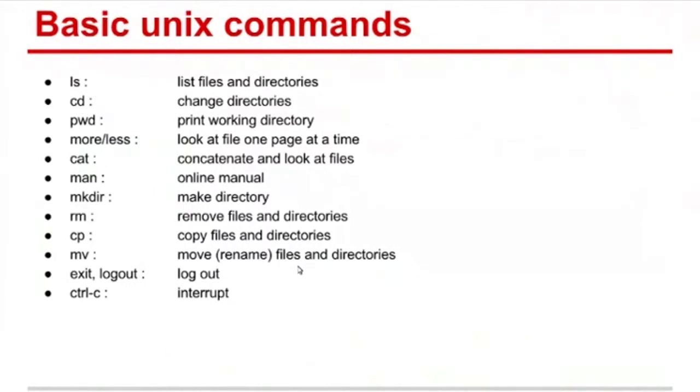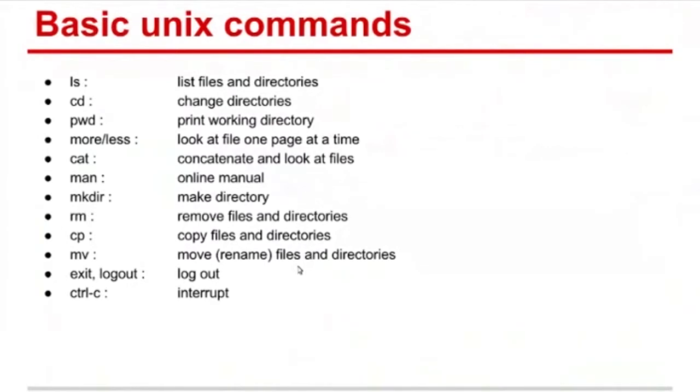Cat is another way of looking at files, but this one prints the whole file all in one go. Man is an online manual. So if you have any problems, or if you want to know more about any Unix command, man is the command that you should use. Make directory using mkdir, rm for remove, removes files and directories. cp for copy, mv for move, or basically it's a renaming command.